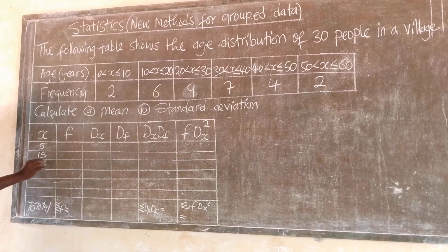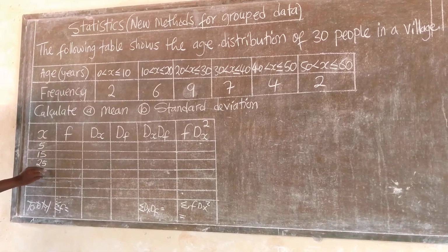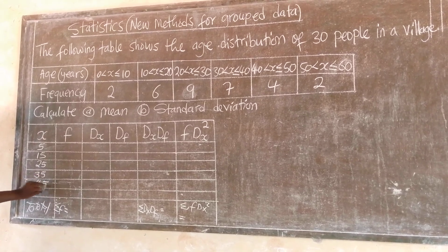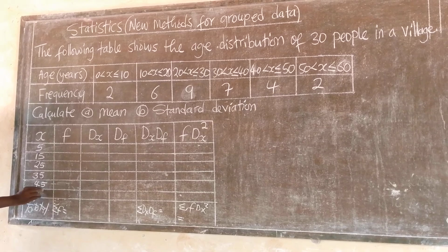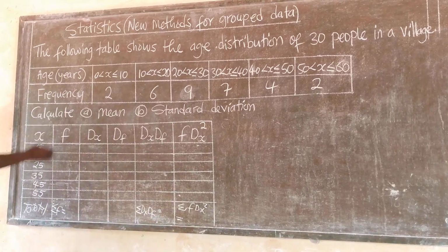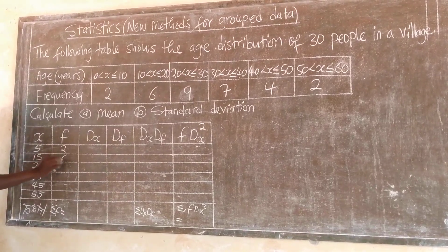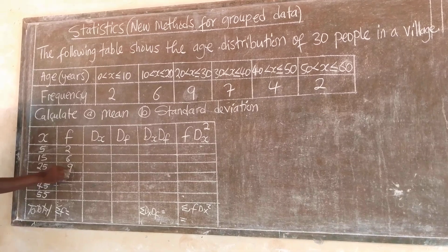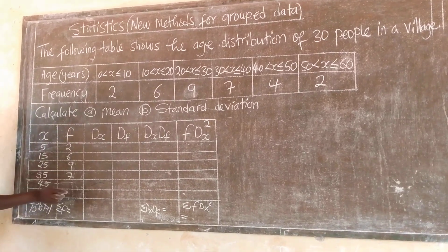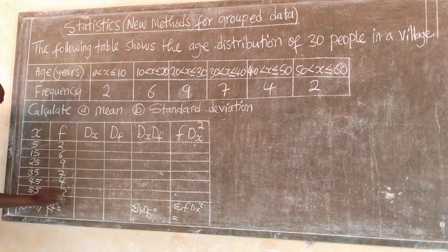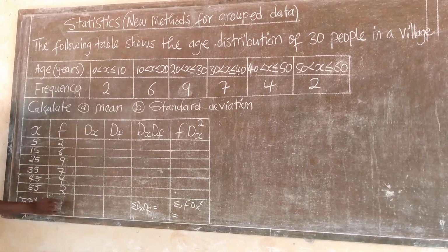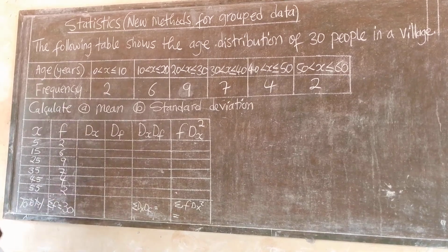Next there will be 25, 35, 45, 55. Next, we just present the frequency that we have here, which is 2, 6, 9, 7, 4, and 2. And the summation of this is 30.